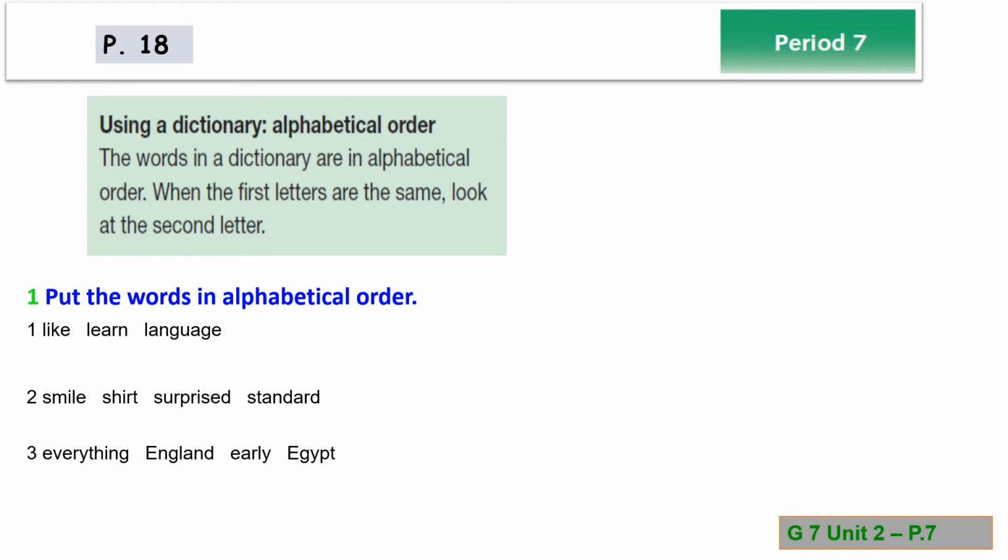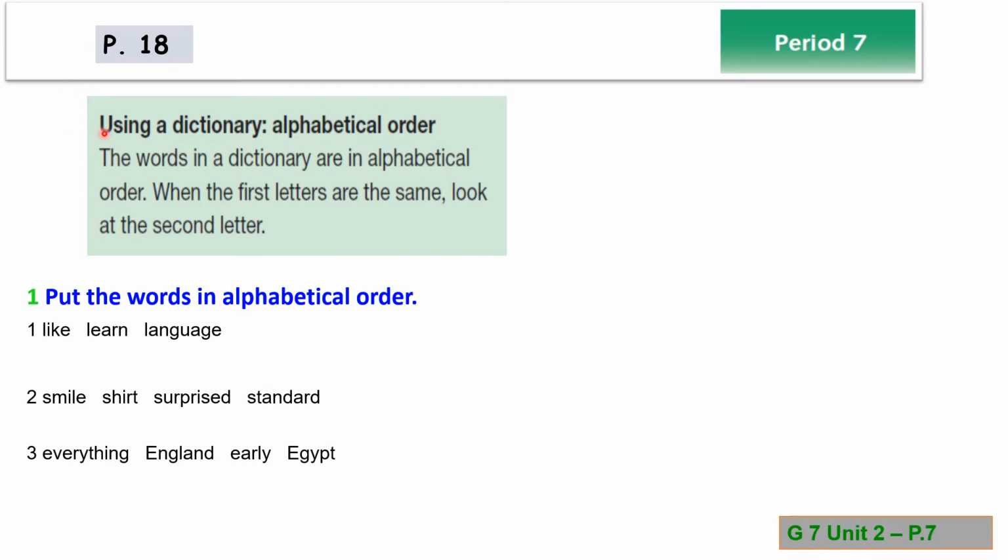When the first letters are the same, look at the second letters. That means if you have many words that start with A, many words that start with B, look at the second letter. For example, if you have learn and like. Learn, the second letter is E, but like, the second letter is I. So learn comes before like.